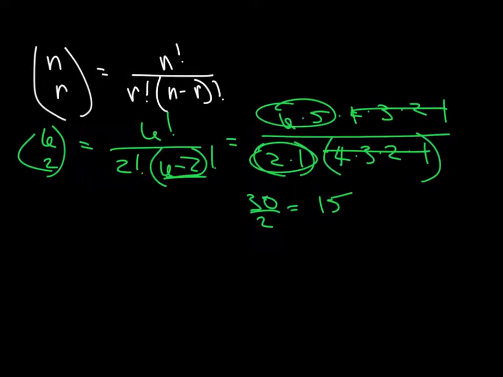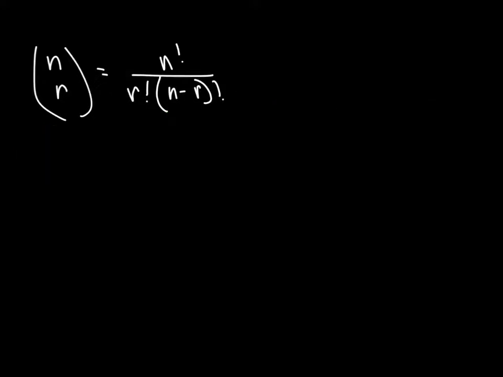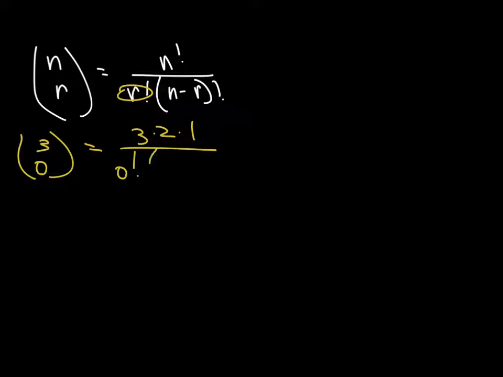Okay. One more, just because these are so much fun. 3, 0. Whoops, gosh. That equals 3 times 2 times 1 over 0. Okay, so 0 doesn't get anything, but let's write it as 0 factorial times n minus r, 3 minus 0 factorial.